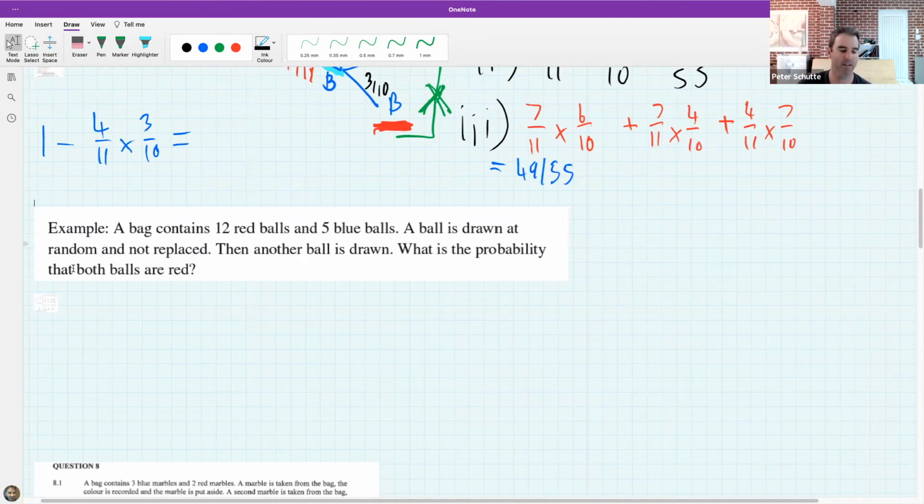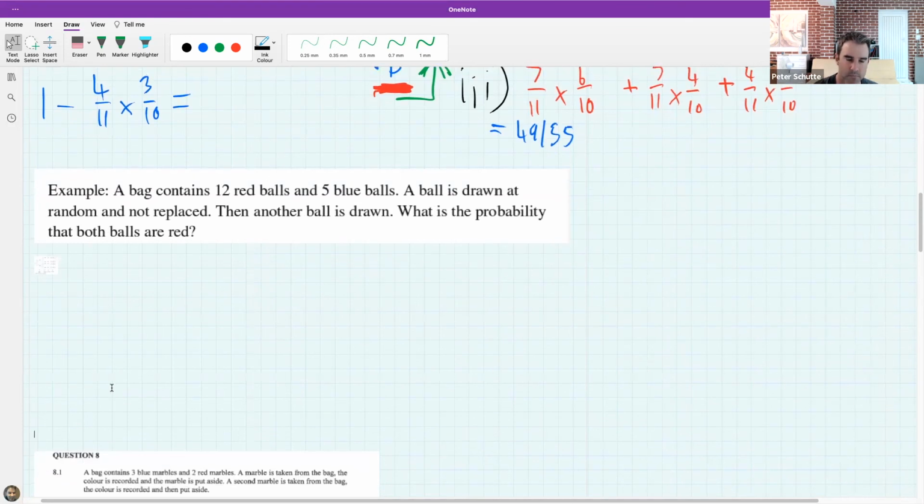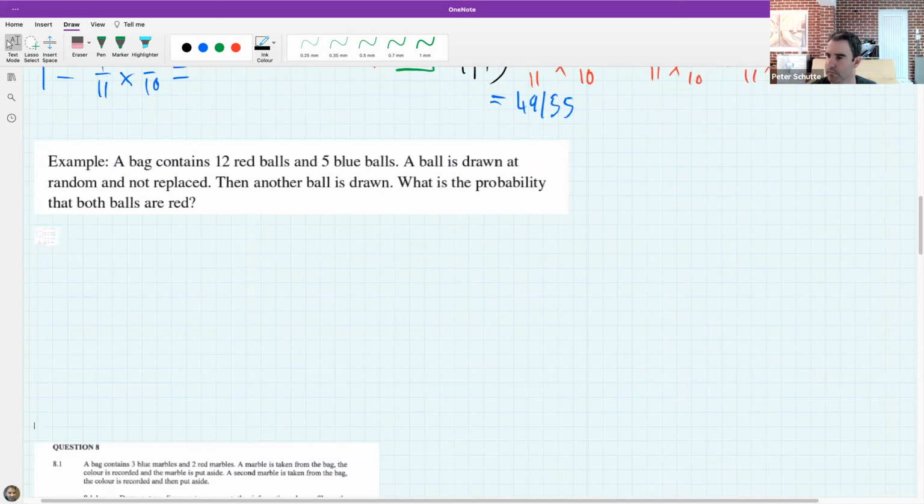It is time for you to use those skills from today, draw a fantastic tree diagram, and pop that answer into the chat. I believe in you. You can do it, guys.